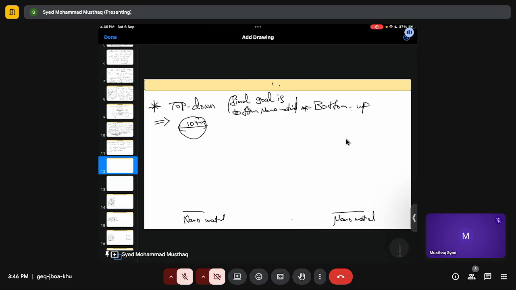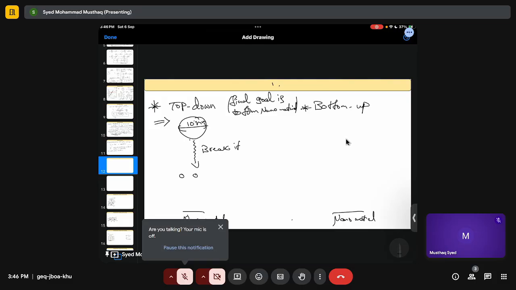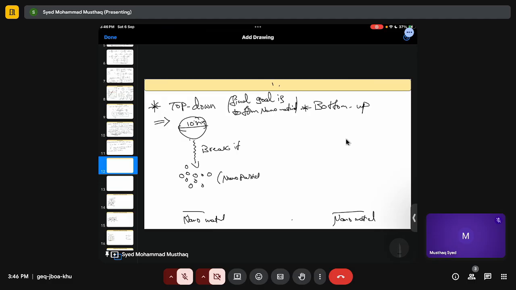Then what I try to do is I try to break it and make it in smaller forms or simpler forms. Then my final product will be nanoparticles. So I have achieved it.